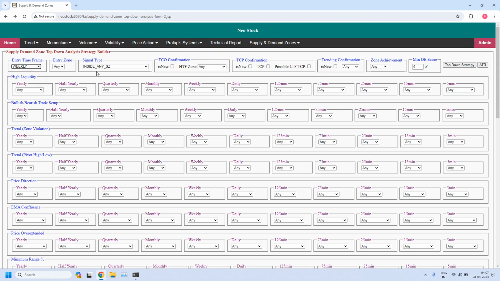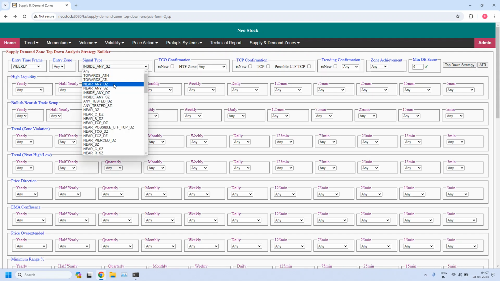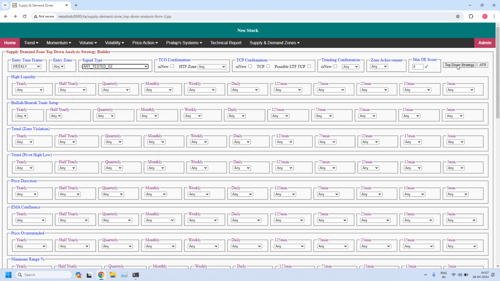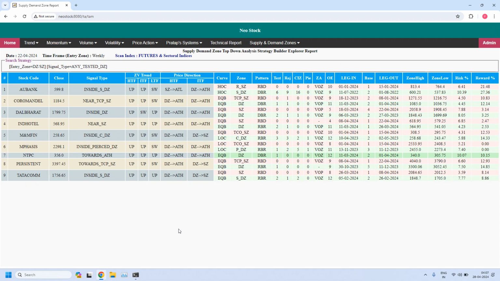For weekly time frame, let us find the stocks that tested weekly demand zones during this week. So these stocks having weekly demand zones are tested during this week. So let me go back.